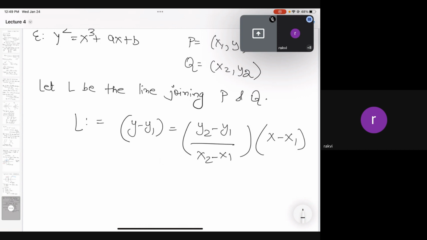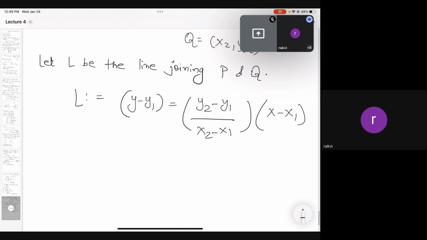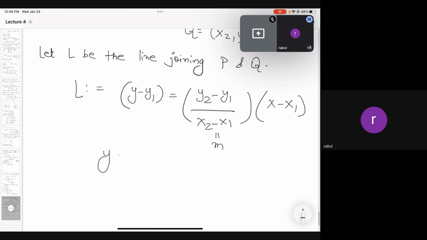Okay, this is my line. Let me use a shorthand notation for this slope, because this kind of fraction is kind of hard to write. Let me call this m, small m. So my equation is y equals m times (x minus x1) plus y1.